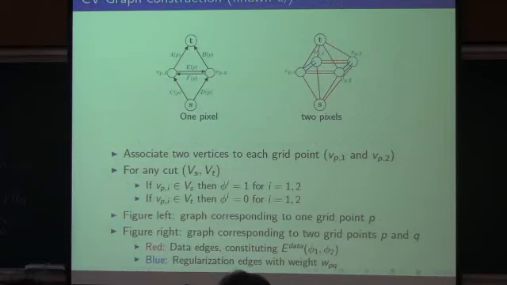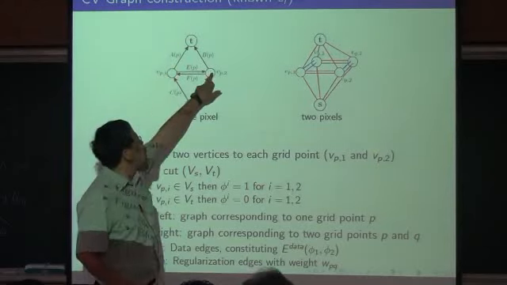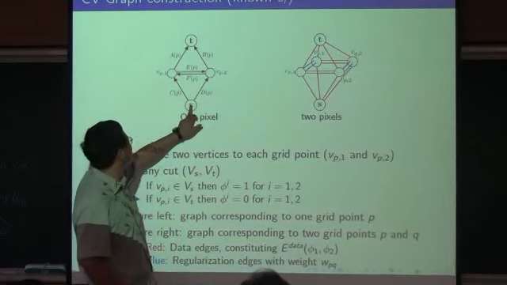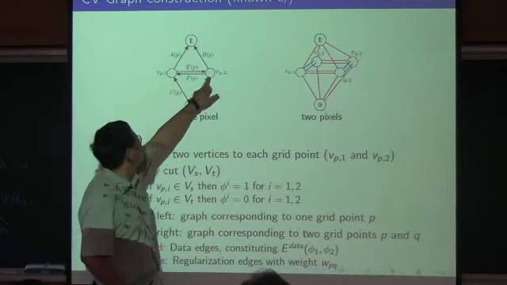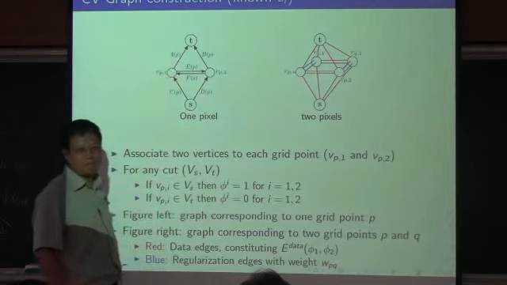This graph seems to be new. We have not seen it in the literature. So how do you construct the graph to solve the Chan-Vese problem? Essentially, you have one pixel, and then you copy this pixel. Then make a link from the source to this one, and a link from the source to this one, and make links to here and to here. This is one pixel.